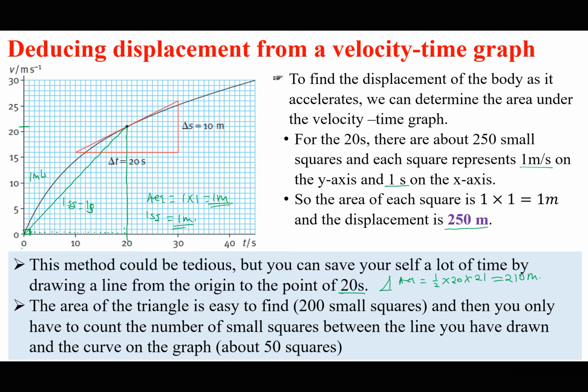So let's say this is 1, 2, approximately 3, 4, 5, 6, 7, 8, 9, 10, 11, 12, 13, 14, 15, 16, 17, 18, 19, 20, 21, 22. So approximately 22 full squares.